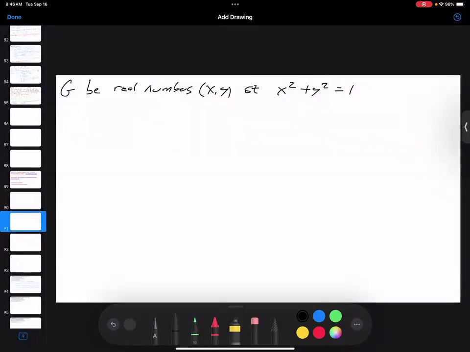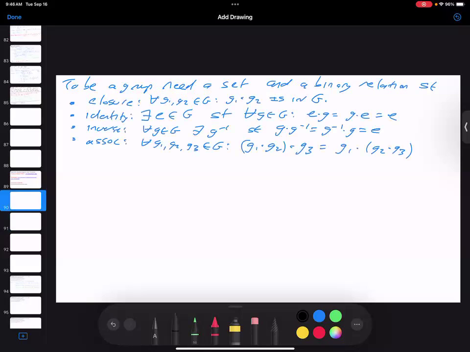So I've given you a set. Is this enough to determine if G is a group? Or do I need to give you something else? Can someone read the first line? What does the first line say?